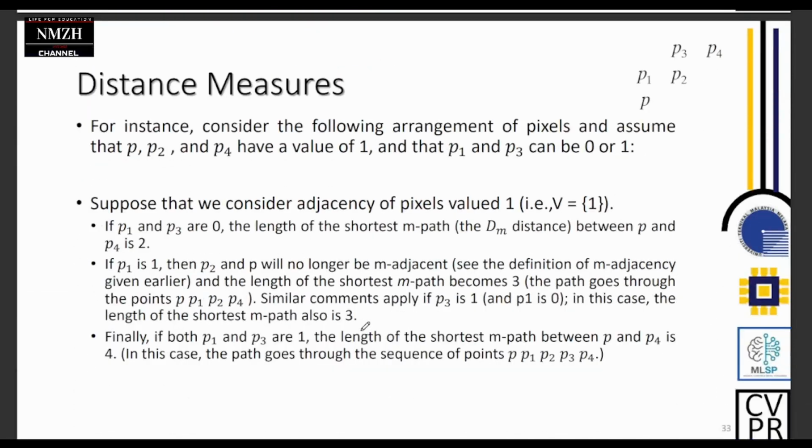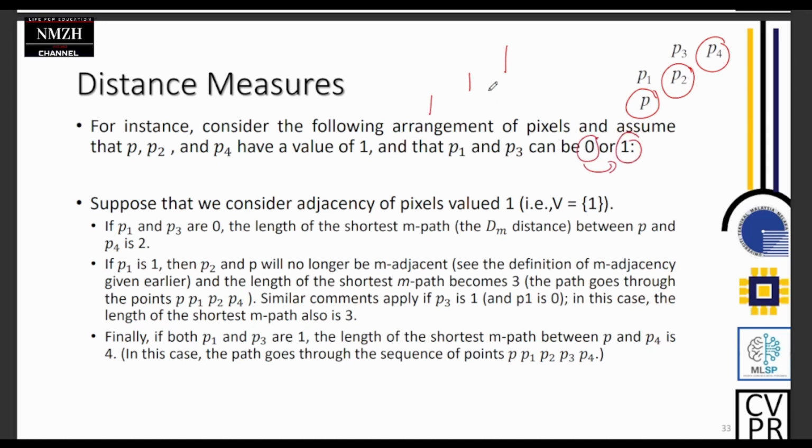So take a look at this example. How to measure the distances? For instance, consider the following arrangement of pixels, and assume that P2 and P4 are 1, and P1 and P3 can be 0 or 1.